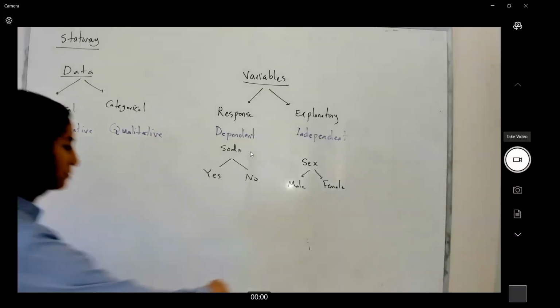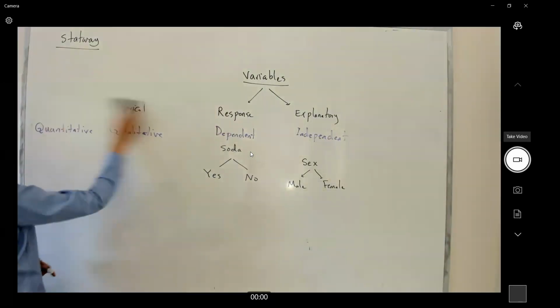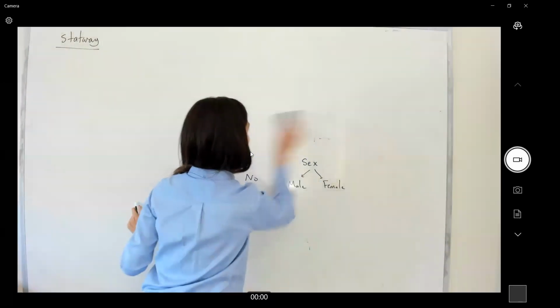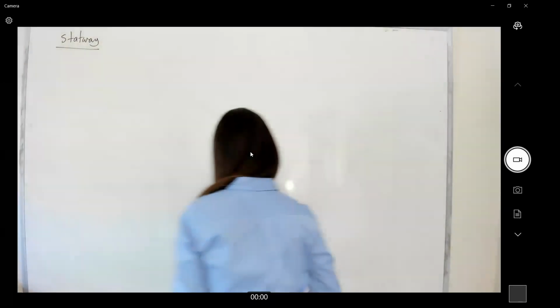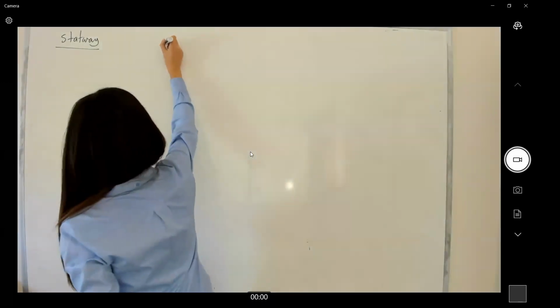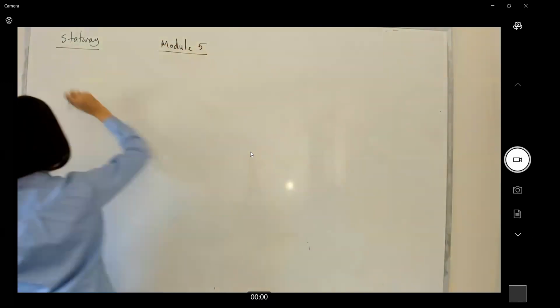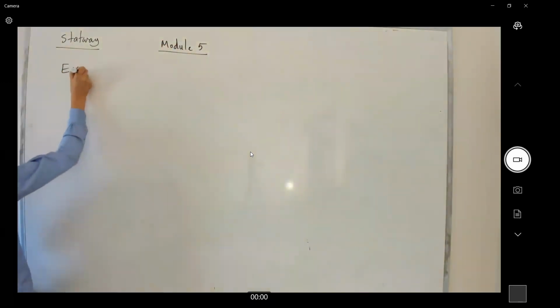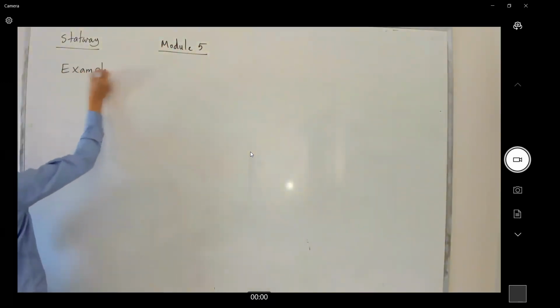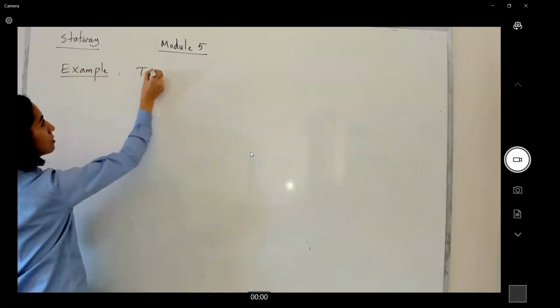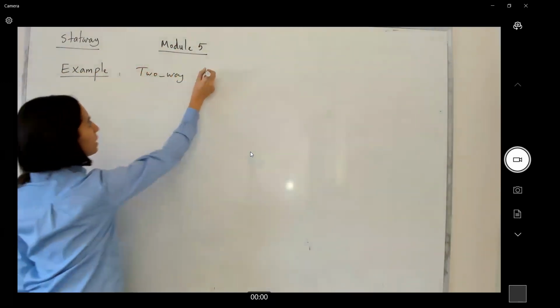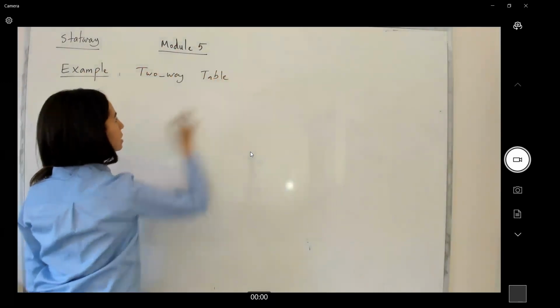Let's go to the board and write down this example. Example of a two-way table.